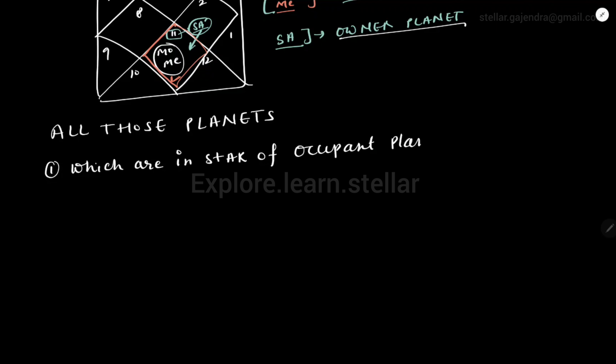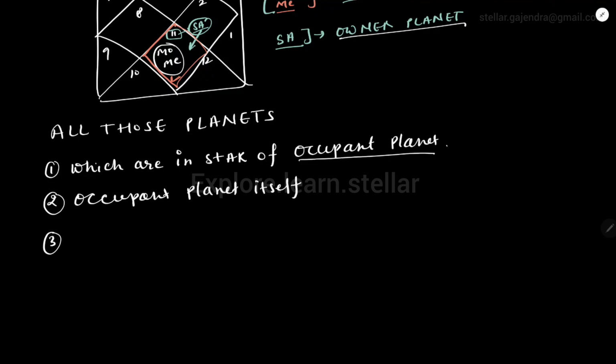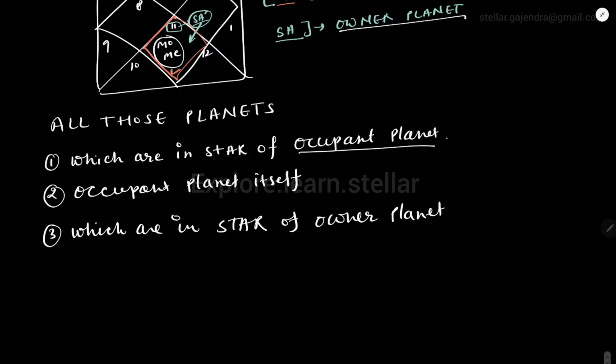Second, the occupant itself will become the significator of that particular cusp. Third will be all those planets which are in the star of the owner planet, who will become third level significators. And the last rule would be the owner planet itself will become the significator of this particular cusp.